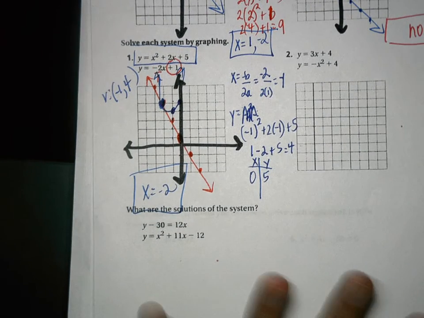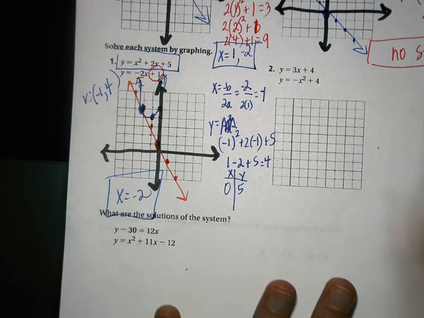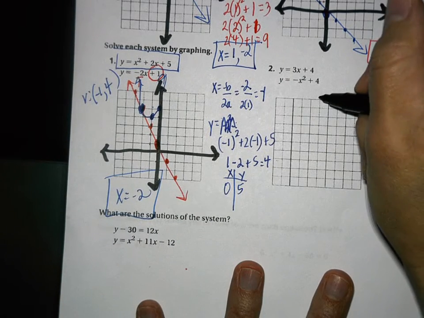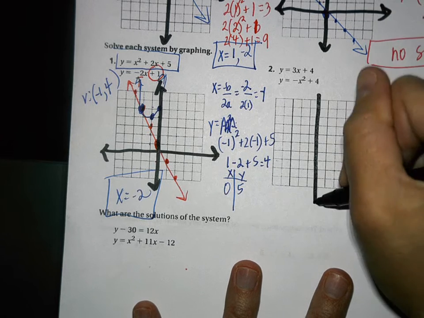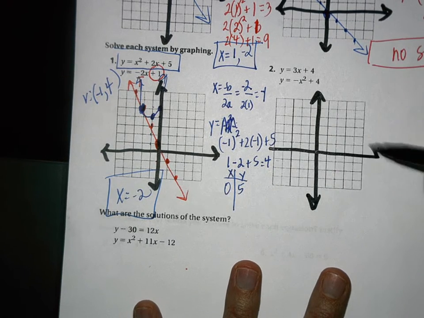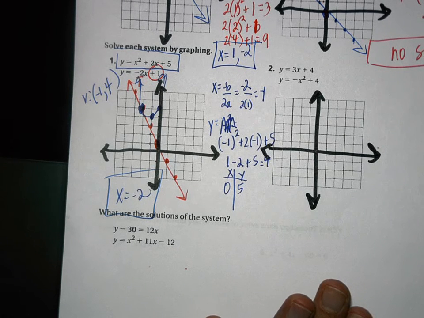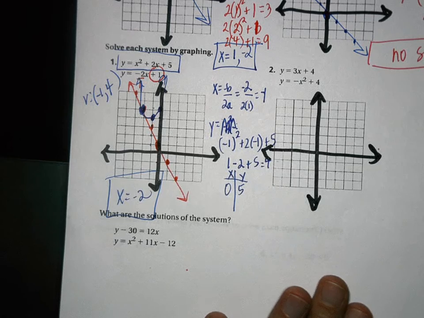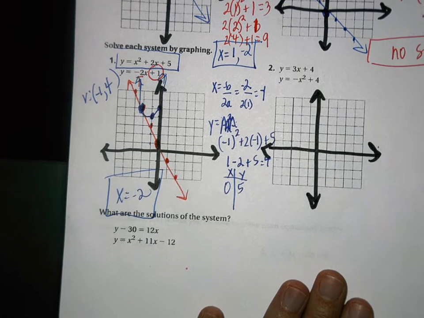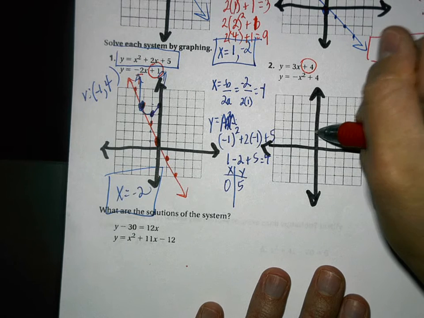Okay, let's try this next one. And again, what do we want to graph first? Our line. Okay. So the line on this one, where am I going to go first? 4, because this is my y-intercept. So up 1, 2, 3, 4.